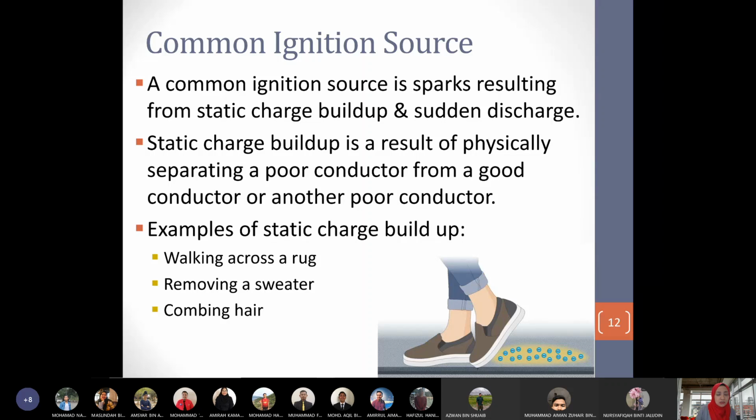And even as simple as removing your sweater, that also can cause static electricity, because if it rubs against your hair, that can cause static to happen.